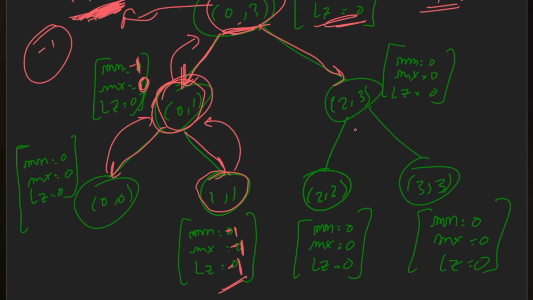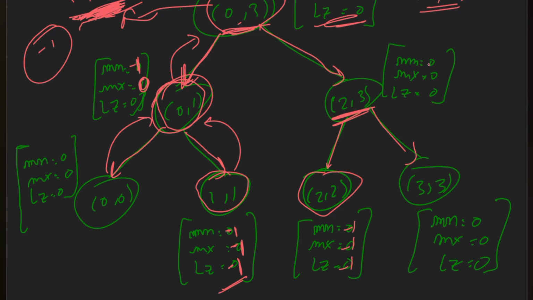Now 0 comma 3 will call its child 2 comma 3. 1 comma 2 and 2 comma 3 is partial overlapping, so it will call its child 2 comma 2. Now 2 comma 2 is fully present inside 1 comma 2. So again minimum is minus 1, maximum is minus 1, lazy is minus 1. Then it will call 3 comma 3, no overlapping, nothing will happen.